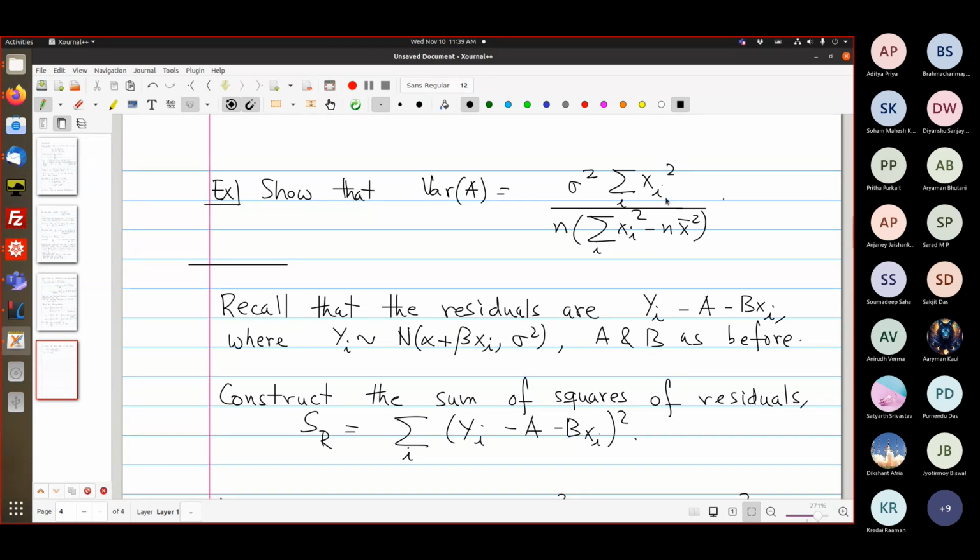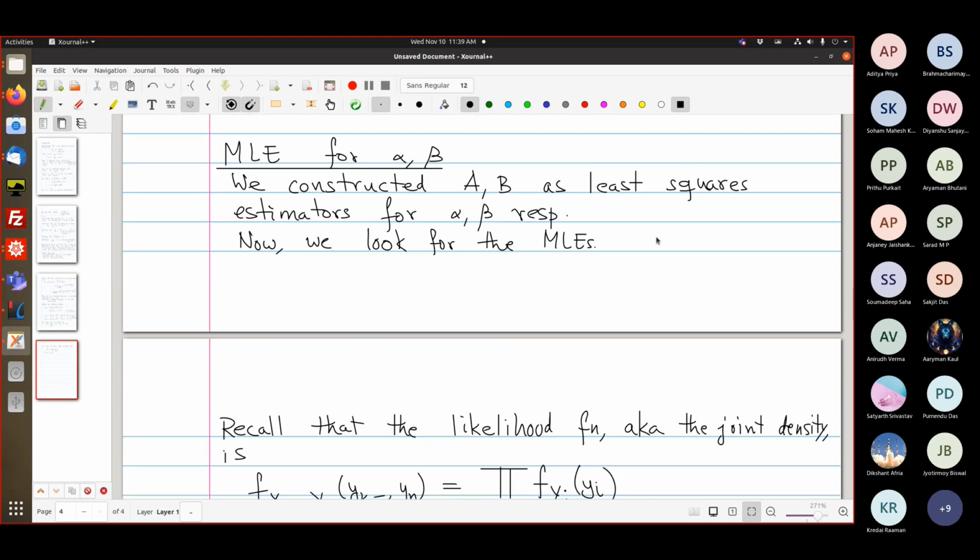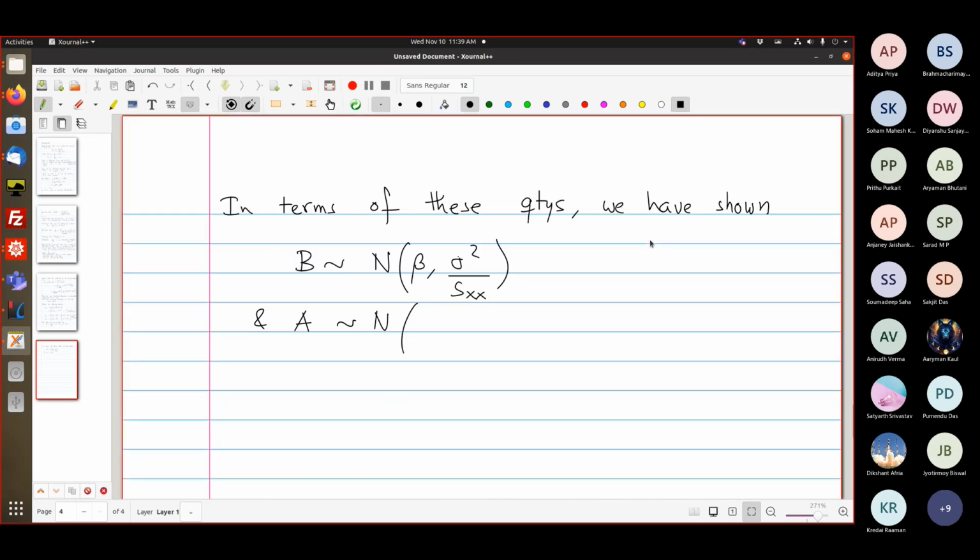You can write it in terms of Sxx with some correction, but the denominator is precisely n times Sxx. So A is a normal with mean alpha and variance sigma squared sum over i xi squared divided by n Sxx.